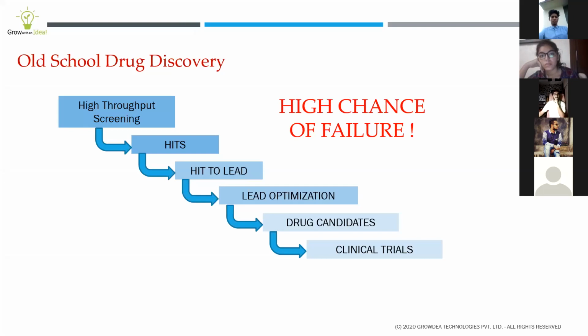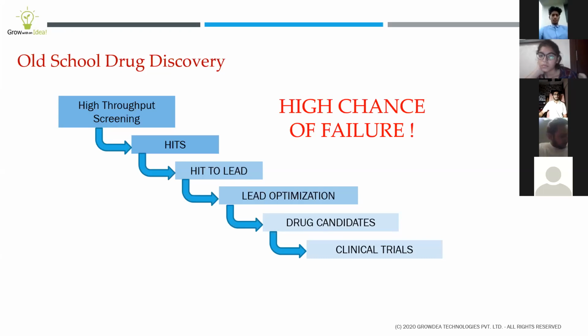Now, I just wrote it as the old school of drug discovery, but believe me, it is not that old. People are still following it, where they are doing high throughput screening, checking lots of molecules in one go. All the steps that I have written in this slide are experimental steps. First they do the high throughput screening, where they are checking the activity of hundreds and thousands of molecules in one go, and there is robotic infrastructure for that.